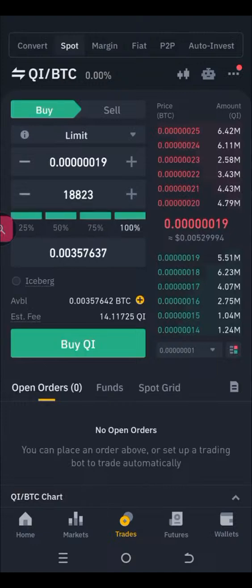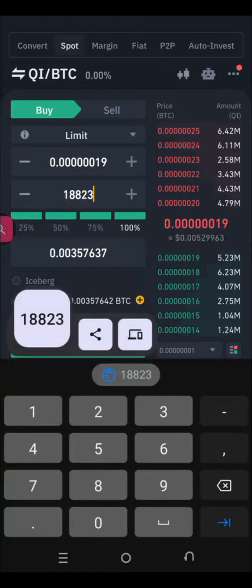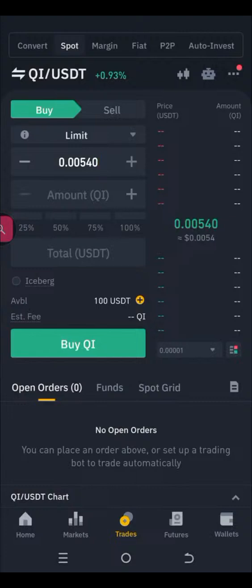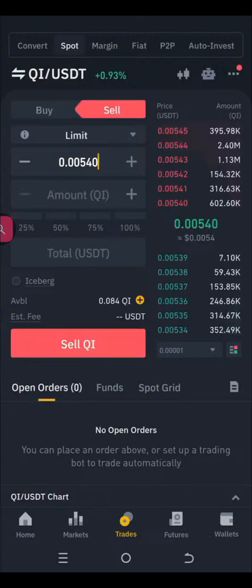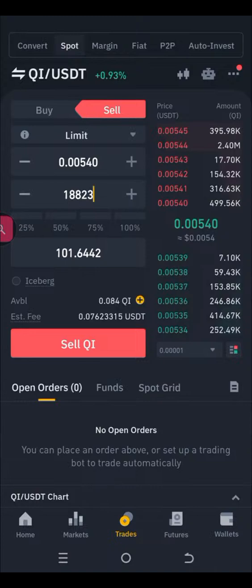What we have is 357,637. Let's copy that, then go to compare markets and click on the USDT. If I try to sell, what would I get? Let's see what profit I make. Okay, same amount, 1.6%. That's $1.64. So let's just go with this, right?